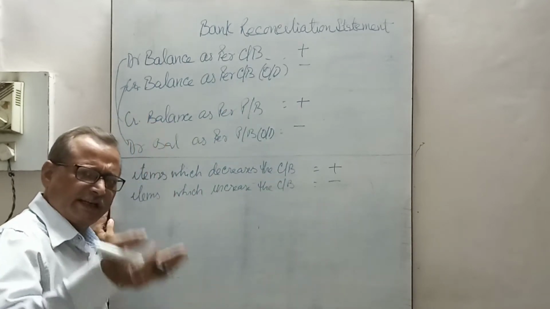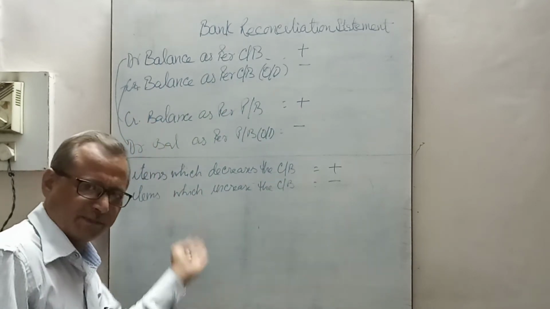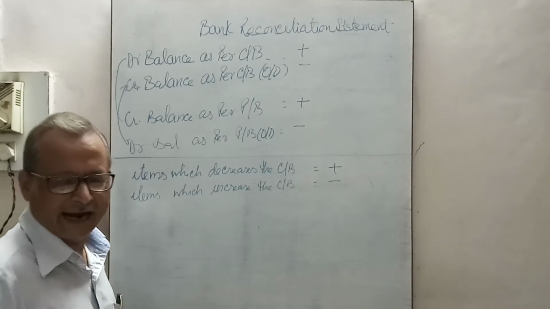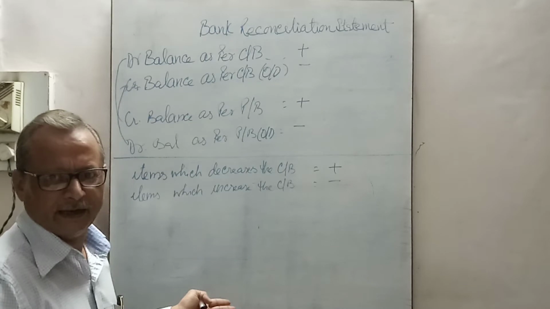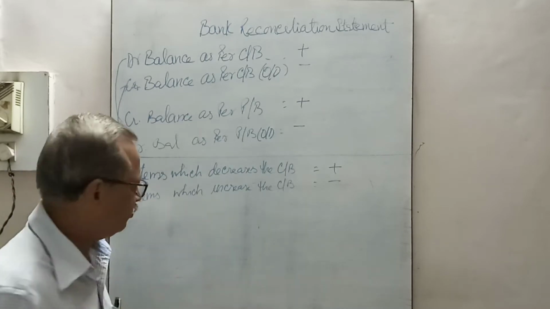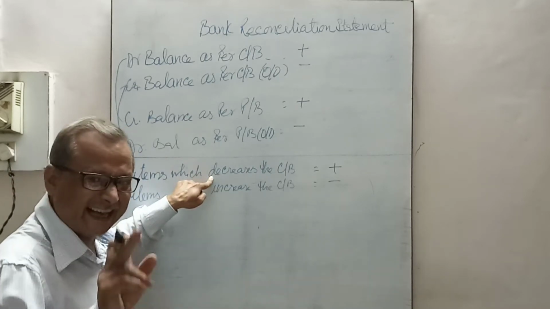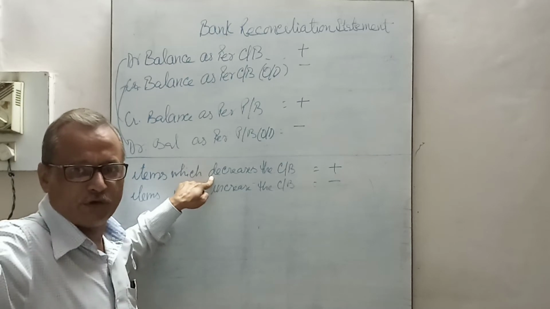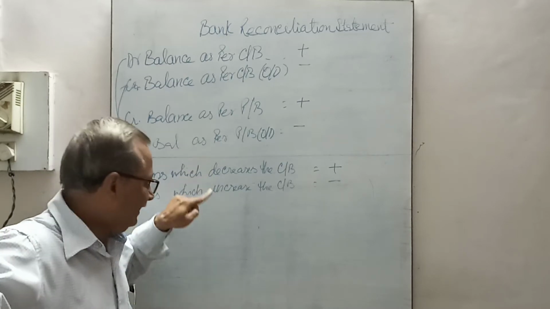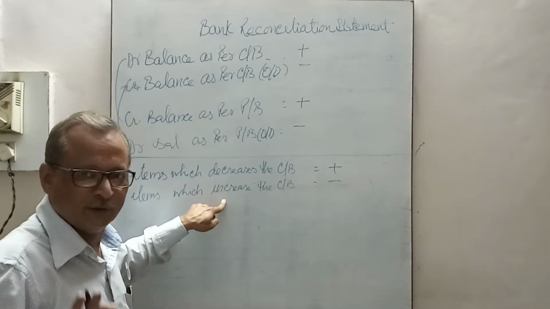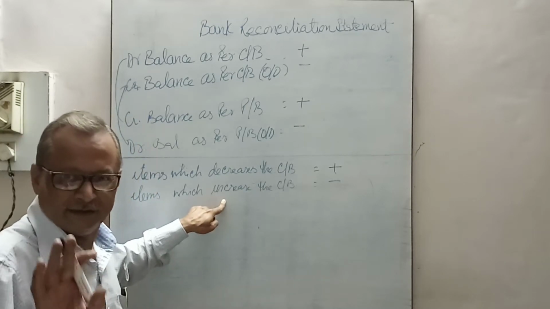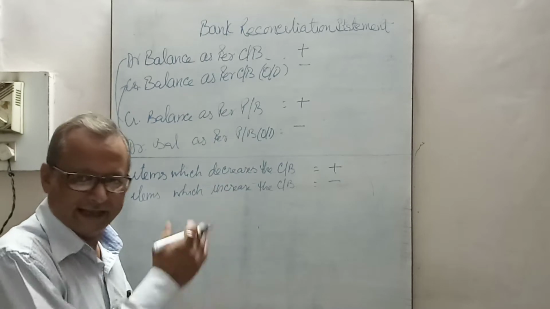Items which decrease the passbook in comparison to the cash book, plus item. Items which increase the passbook, minus in comparison to the cash book. So decrease in cash book means increase in the passbook. Increase in the cash book means decrease in the passbook. So this is the one thing, and we will do likewise.